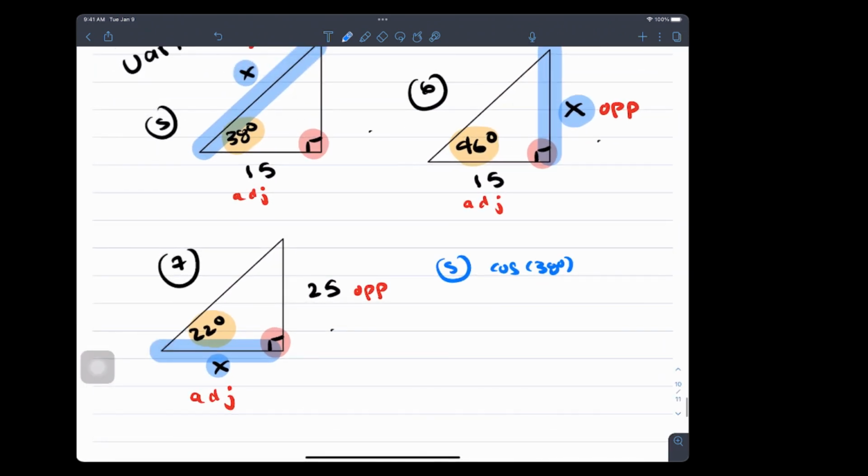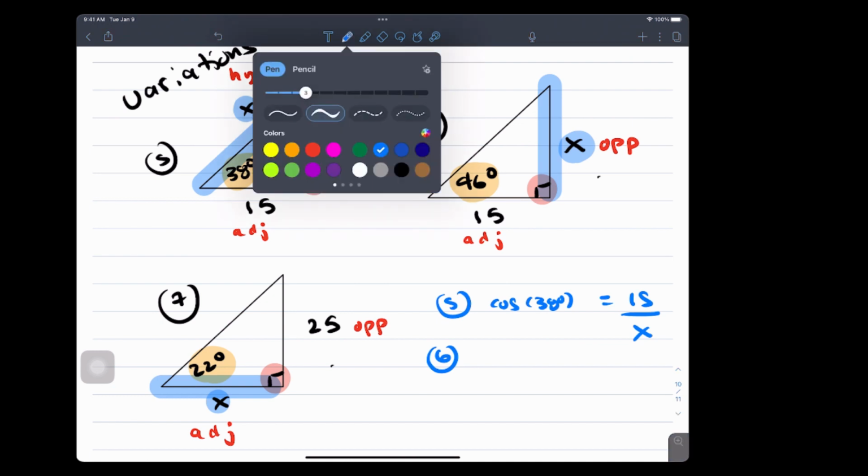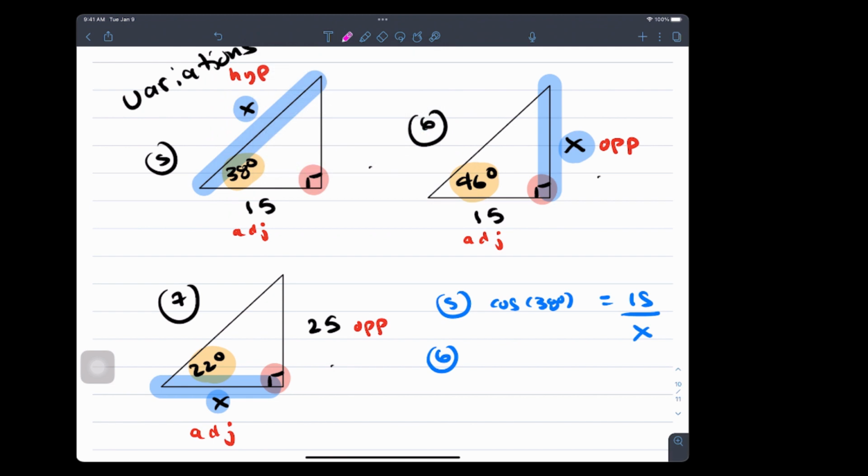What's the adjacent side? 15 over what? Hypotenuse. Is that right? You guys okay with that for number 5? Okay. Number 6, which trig ratio has opposite? Yes. So for number 5, why exactly do we use cosine? Why not sine? Well, what's the definition of sine? Let's put that there.